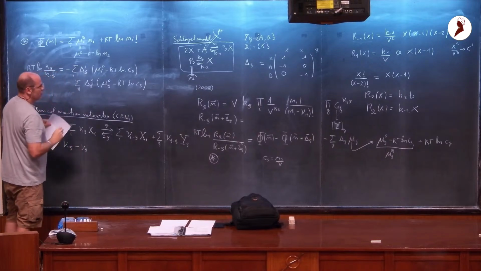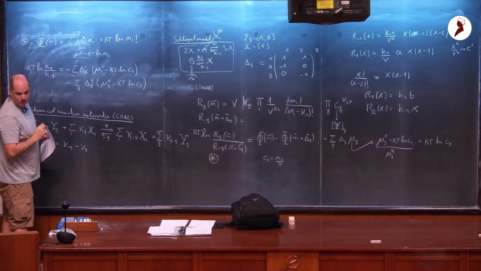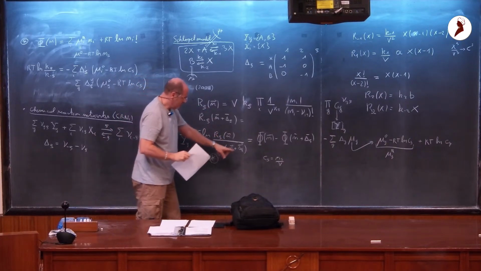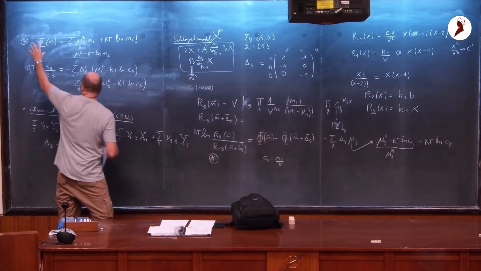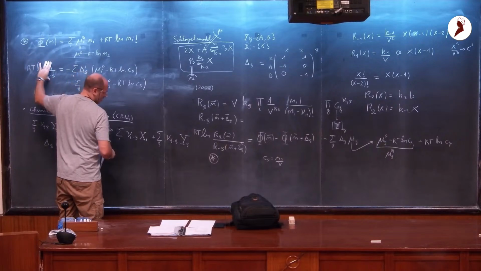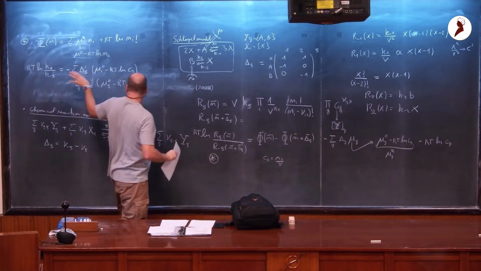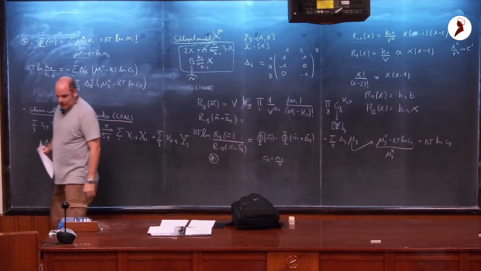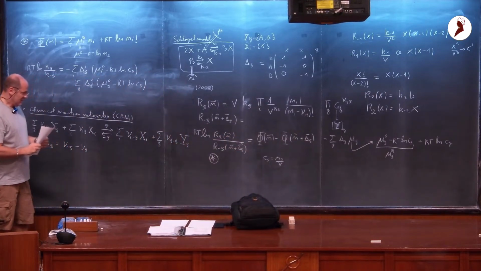So with that, you have all the ingredients. You can check this, take the ratio, and with this definition of phi, and using the fact that the log of the ratios of the K's are given by these delta mu's, try to check that you recover this.